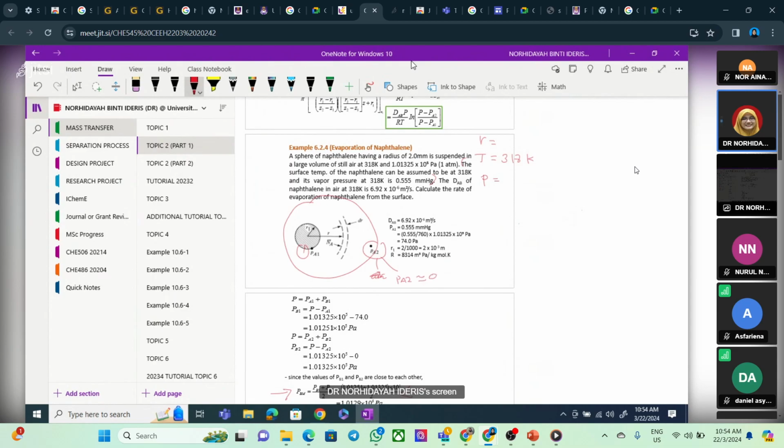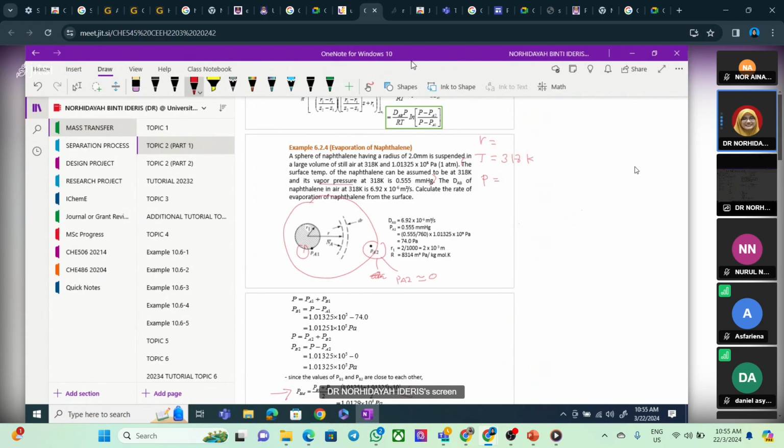Okay, so the surface temperature of naphthalene and the vapor pressure. So tadi saya baru cakap kan, what is the vapor pressure? The vapor pressure is the pressure that we measure just above the surface of the solid or the liquid, right? Okay, so right now we know that this 0.555 mmHg is actually referred to the PA1.